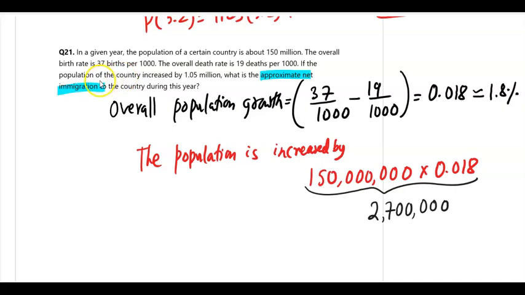But here the exact population increase of 1.05 million is given, maybe because of people who moved from other countries to that country. So the given increase is 1.05 million.